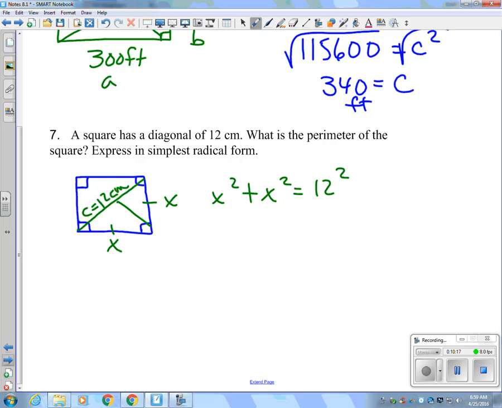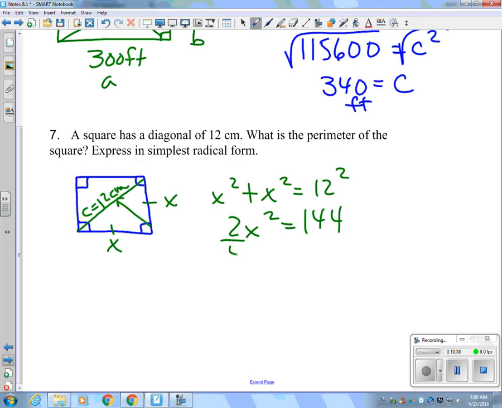It's across from this right angle. So because it's across from that right angle, I know that's got to be C. The other two have to be the same measurement, so we made them both x. So that's 2x squared, because you got to add like terms, equals 144. Because 12 squared is 144.